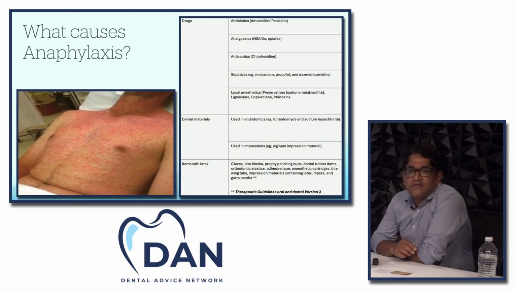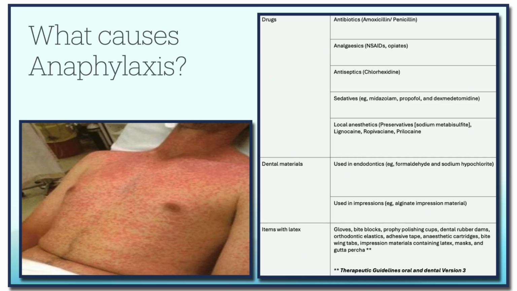These are the things that cause anaphylaxis on the dental chair, or for dentists: antibiotics, analgesics, antiseptics, especially chlorhexidine mucosally, some sedatives, local anesthetics, mostly as sodium metabisulfite in the solution, some endodontic formulations which have formaldehyde and sodium hypochlorite, things that we use for impressions, alginates, and items with latex in it.